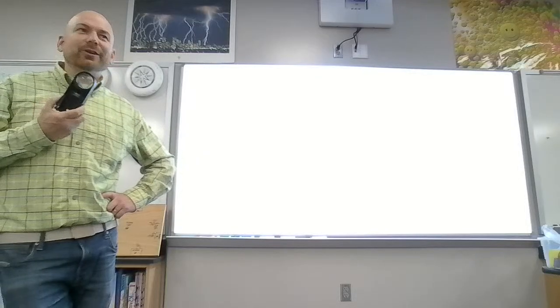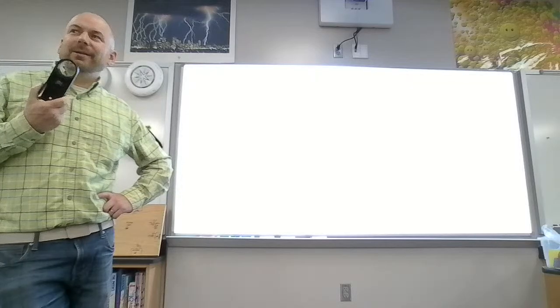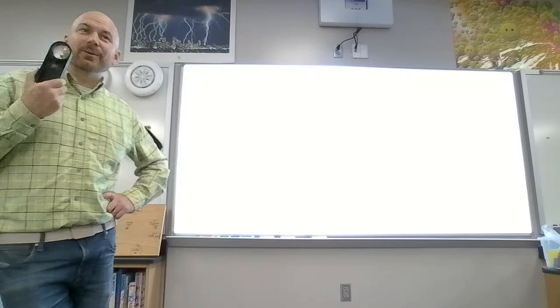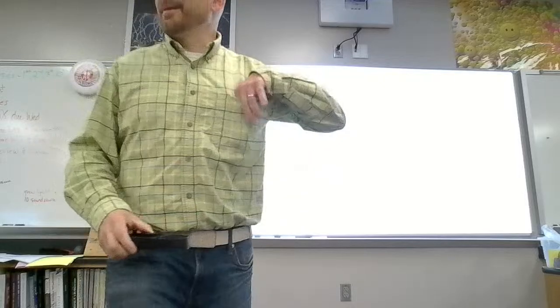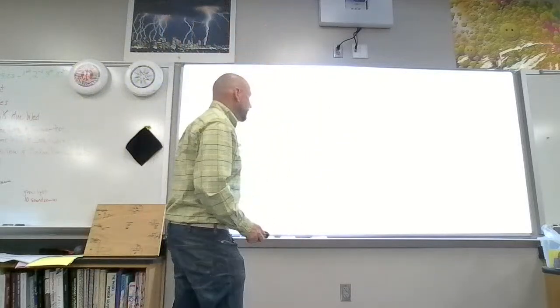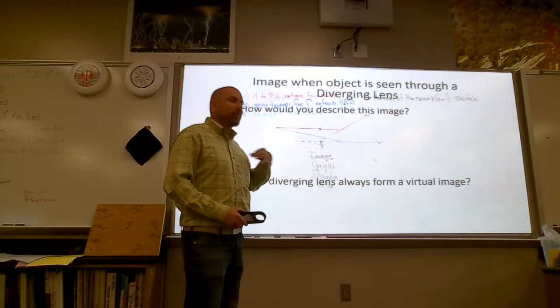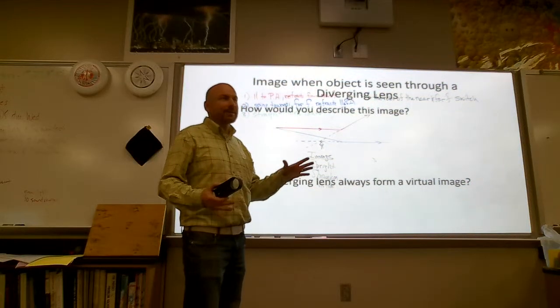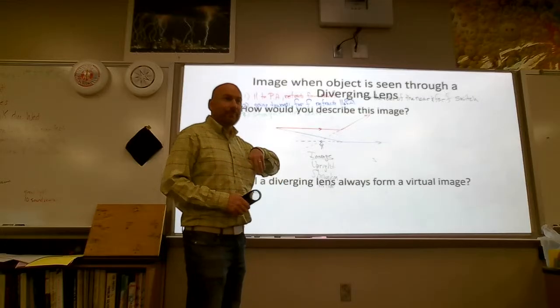Is it shrunken or enlarged? So which one of what we've seen so far produces that? Divergent lens. Okay, good with that? So those are your ray diagrams. A divergent lens will always form a virtual image because it's causing the rays to diverge, not intersect.